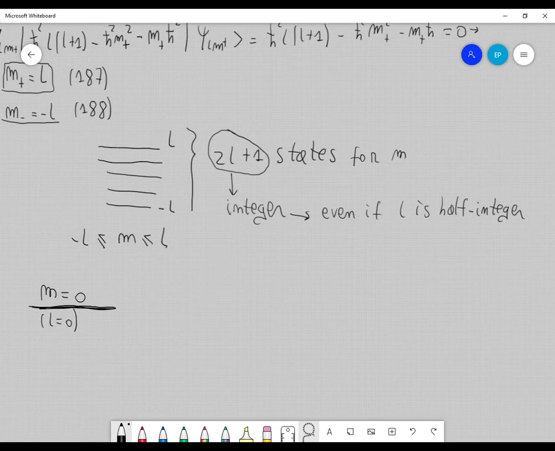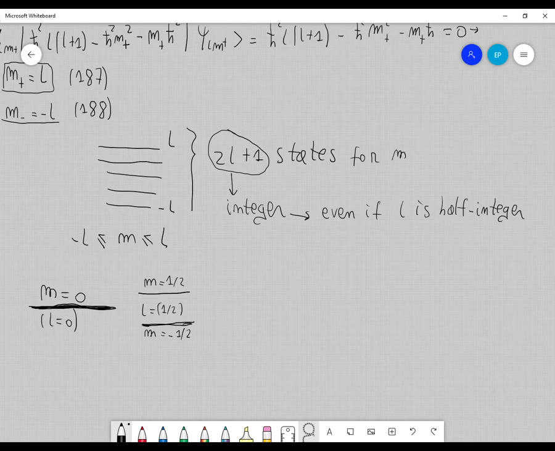I will mark the state with a line like this. And if L, for example, is 1/2, I have two states, one here and one here. So this is the state where L equals 1/2. Here M is equal to 1/2, and down here M is equal to minus 1/2.